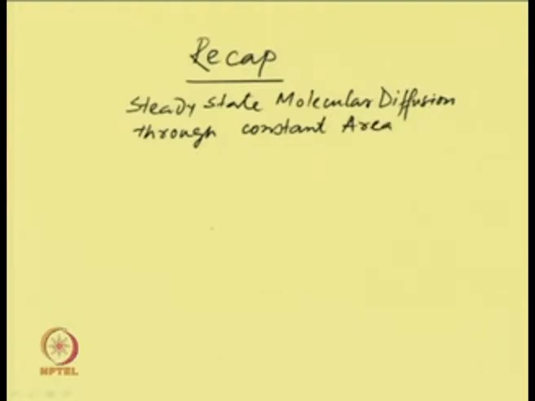Here we have seen from the basic equations that the flux of a component A is equal to C dAB dYA dx in the x direction plus YA n, where n is equal to Na plus Nb for a two component system.